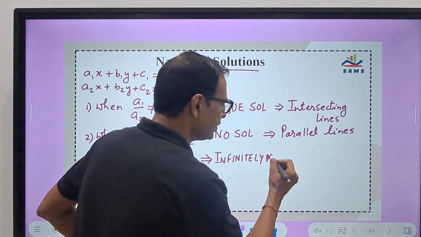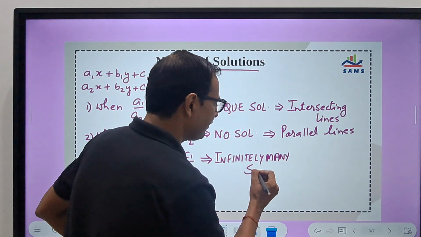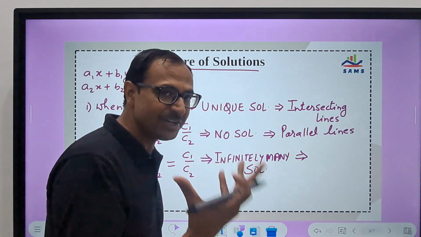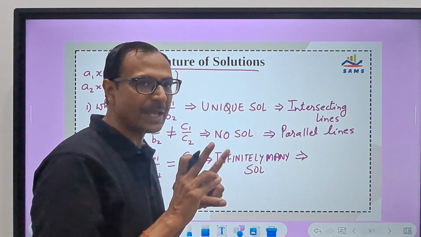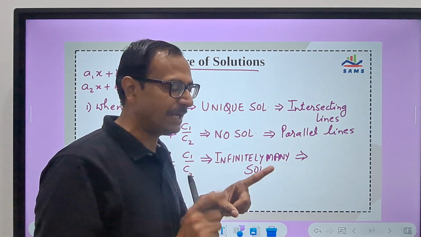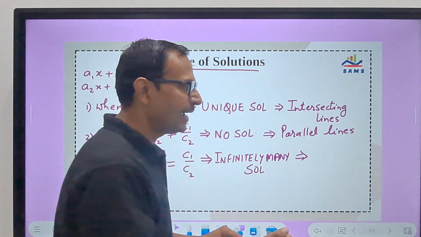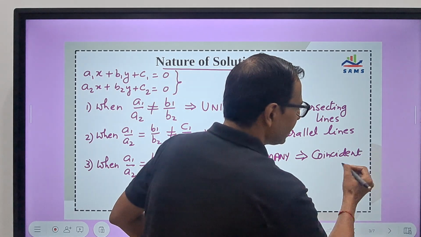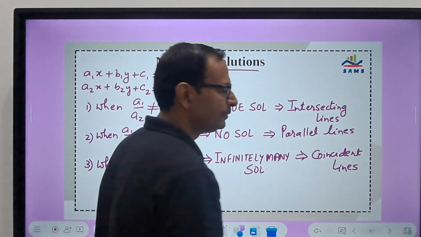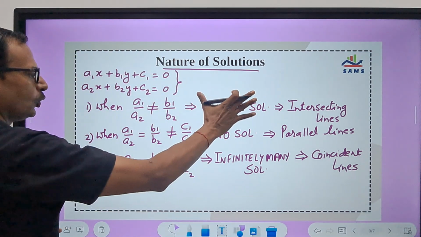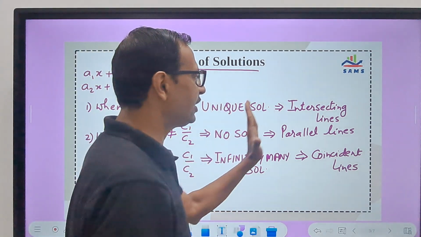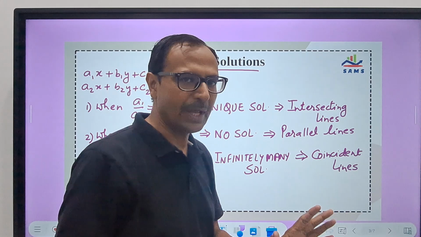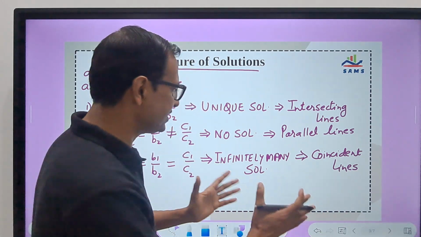Whenever the two lines have infinitely many solutions, they have infinite points of intersection on the graph. And which two lines will have infinite points of intersection? When the lines are overlapping each other, they are called coincident lines. Coincident lines are the lines which overlap each other. So this is how you know the nature of the solution and relate it to the kind of graph which will be obtained by plotting the two lines on the Cartesian plane, right?